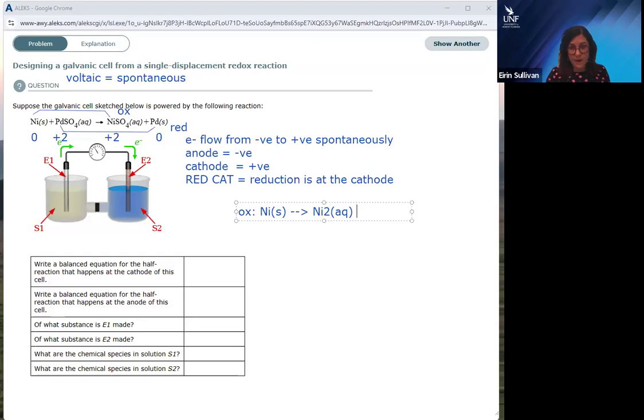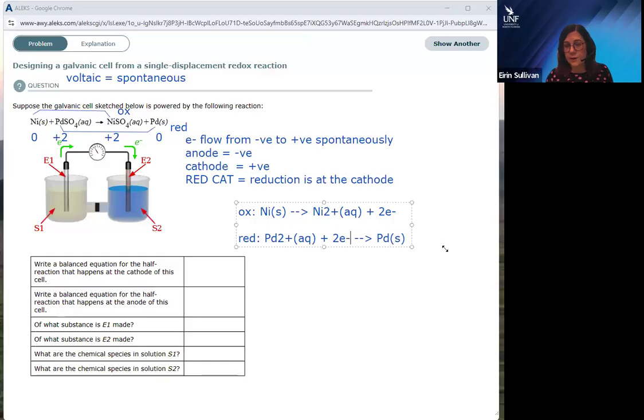To balance this, I am going to need to add 2 electrons to balance the charge. And then my reduction half reaction will be that palladium 2 plus is being reduced to palladium metal. So I will need to add 2 electrons to the left side of this to balance the charge.